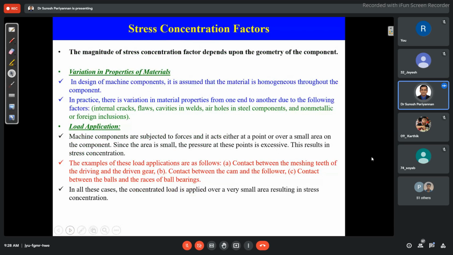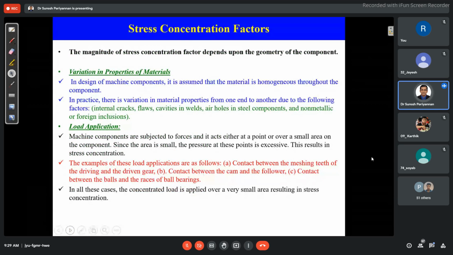In theoretical conditions, we assume that the material is homogeneous, because we do a number of simulations using CAE software, either Abaqus or ANSYS or COMSOL, and there are so many software packages. We use that software and define the material properties as homogeneous.